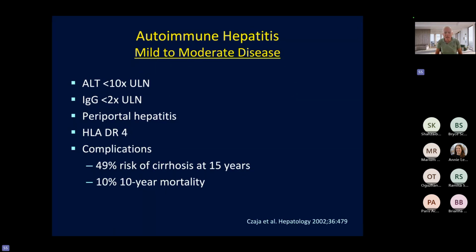Patients with mild to moderate disease have an ALT less than 10 times the upper limit of normal, with a lower level of IgG, with periportal hepatitis without invasion of the parenchyma to a great extent. Again, a specific HLA subtype. And these patients will have a 10% 10-year mortality, although they run a much higher risk of developing cirrhosis.